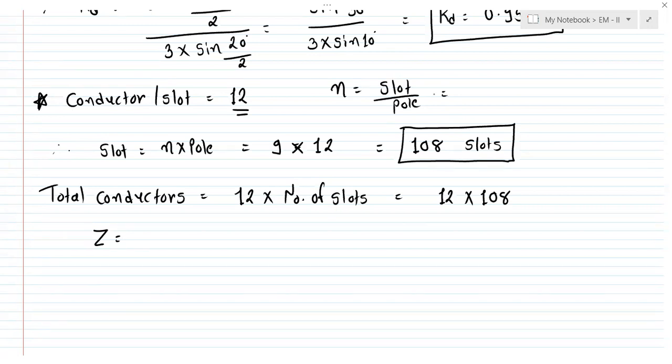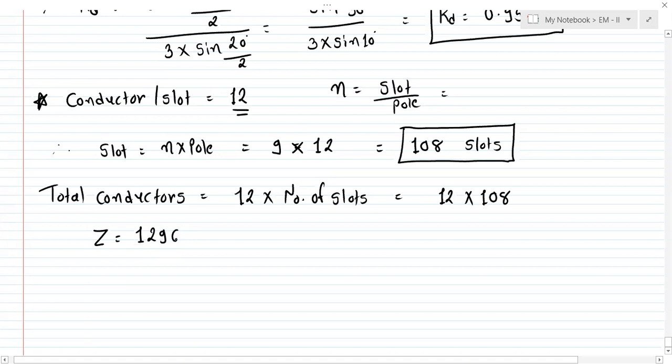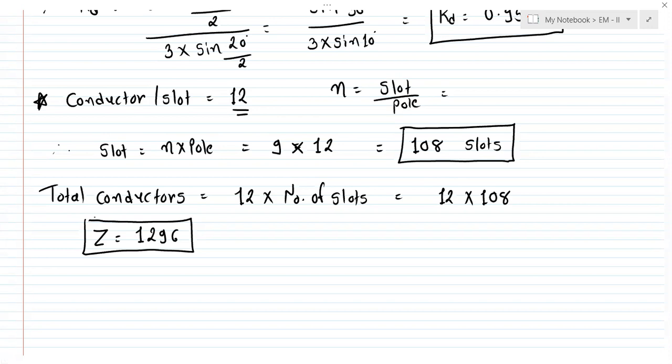Okay, 1296. So the overall total conductors of the armature is 1296. That's the total conductors we have.